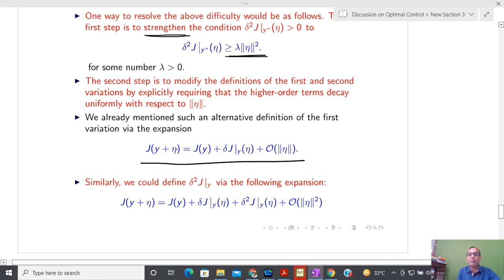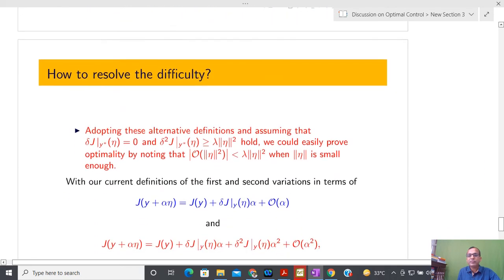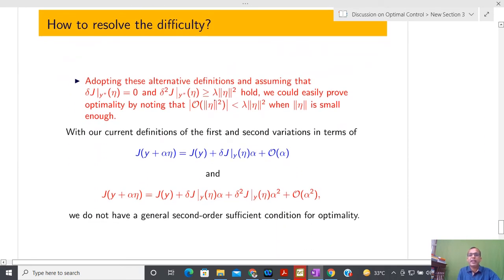Now I am going to talk about a general perturbation eta, and for a general perturbation eta it is possible to show that the second order variation is a function of eta squared. From here I am able to generate this kind of condition. So if I replace the Gateaux derivative with the Frechet derivative, then it is possible to show that there exists a strict local minima.